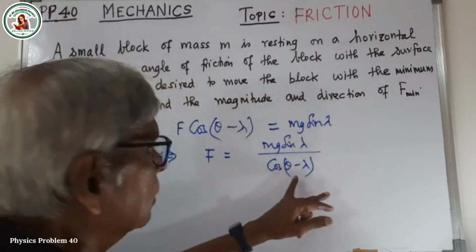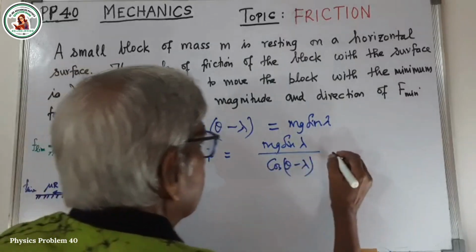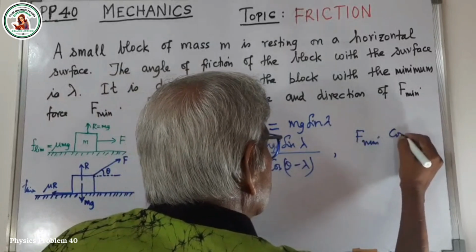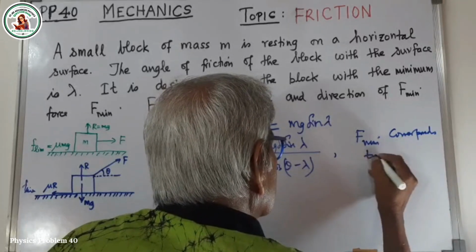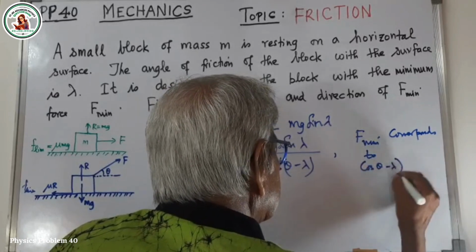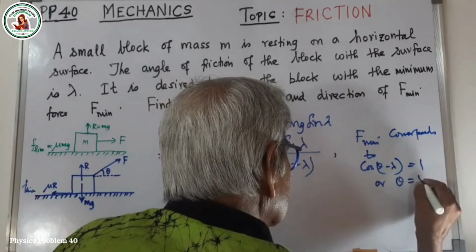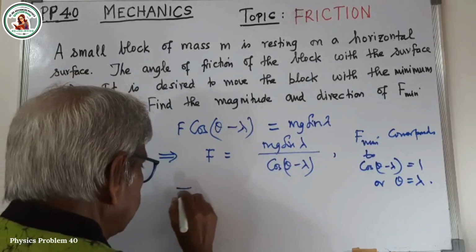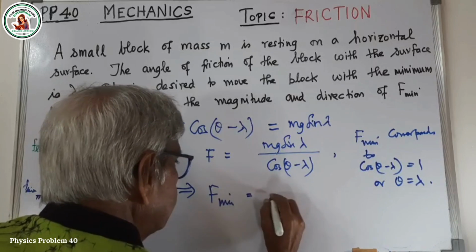Cosine has a maximum value of 1, which corresponds to cos 0. F minimum corresponds to cos of theta minus lambda equal to 1, or theta equal to lambda. So F minimum is equal to mg sin lambda.